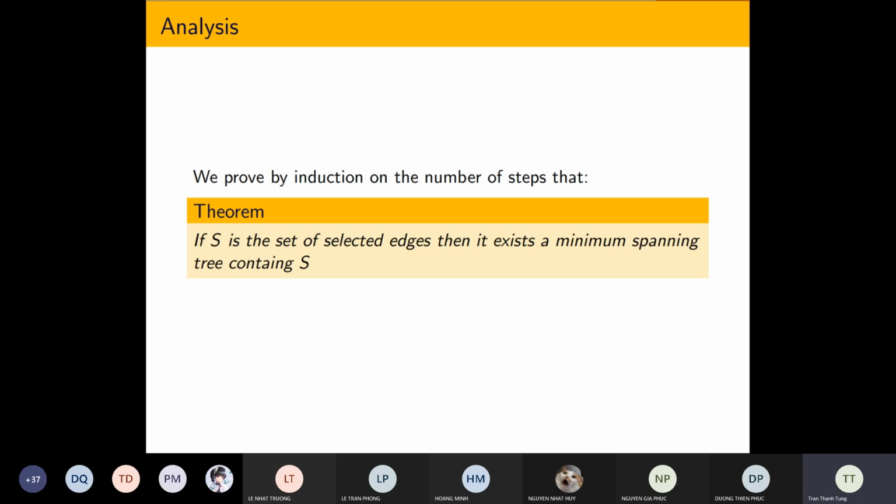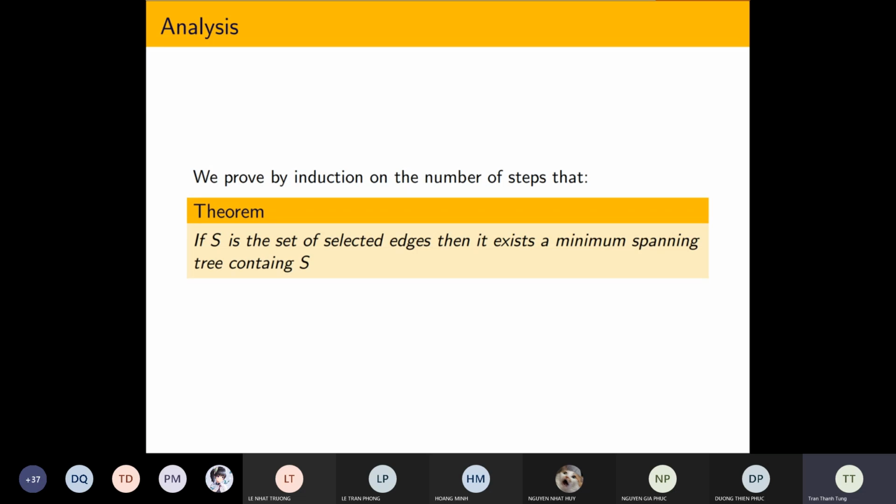Think about that. First of all, do you know how to prove by induction? Can someone tell me what proving by induction is? Everyone, do you remember what it is in math at our university?